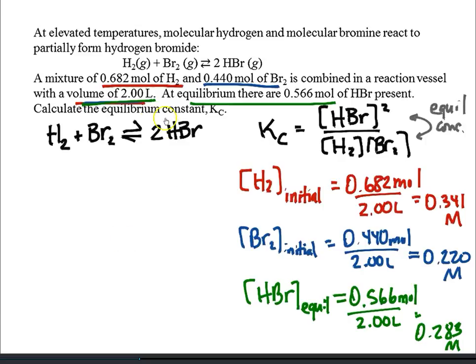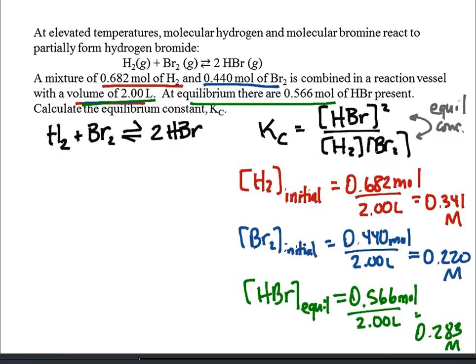So it's important that you can read this problem and decide on your own that the first two values given are initial values, and that you need to divide by 2 liters, which is my volume, because the brackets mean molarity, not moles, and that this is an equilibrium concentration of HBr down here, 0.283 molar.